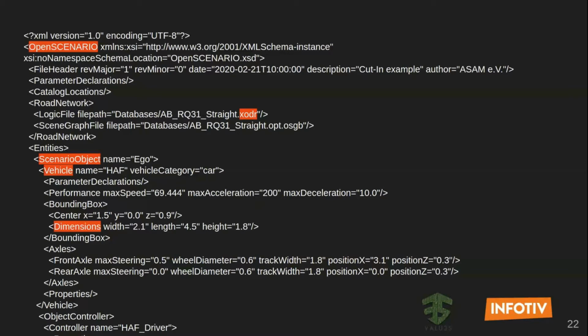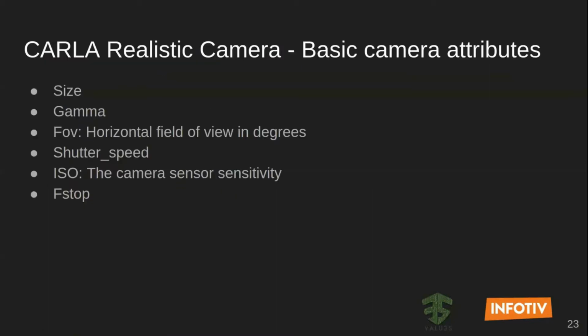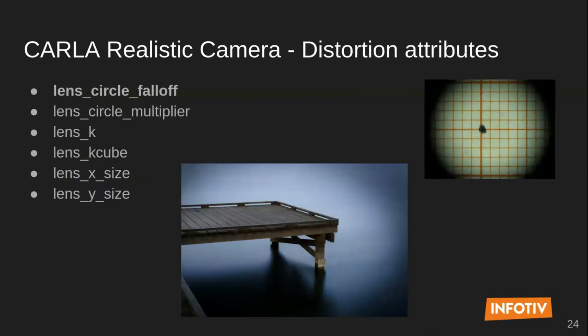I talked about realistic cameras, which means that CARLA lets you define the size of images, different properties like horizontal field of view, ISO, and different things that I'm not knowledgeable enough to explain. And it also supports distortion attributes.